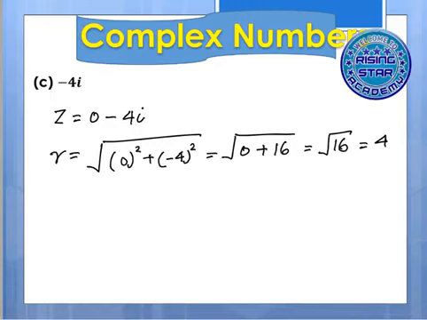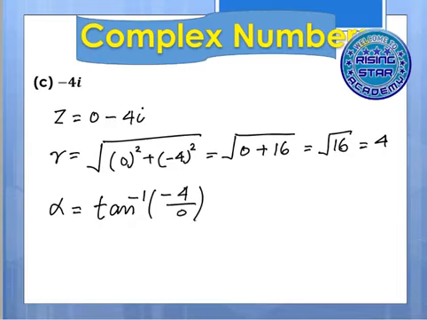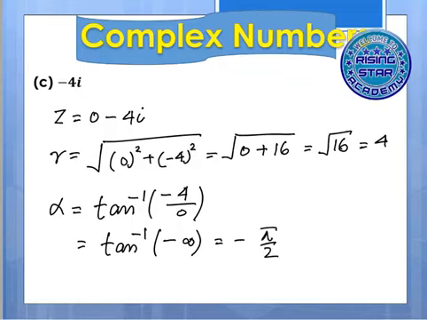Now we will find the value of alpha, that is tan inverse of minus 4 over 0. So tan inverse of negative infinity, that is basically negative pi by 2.